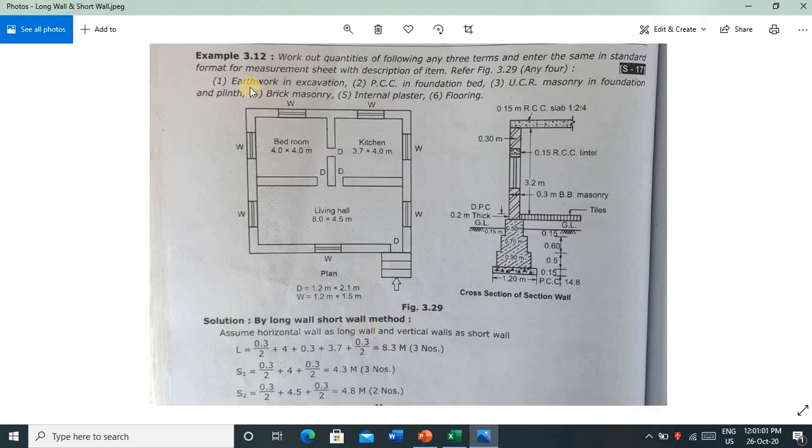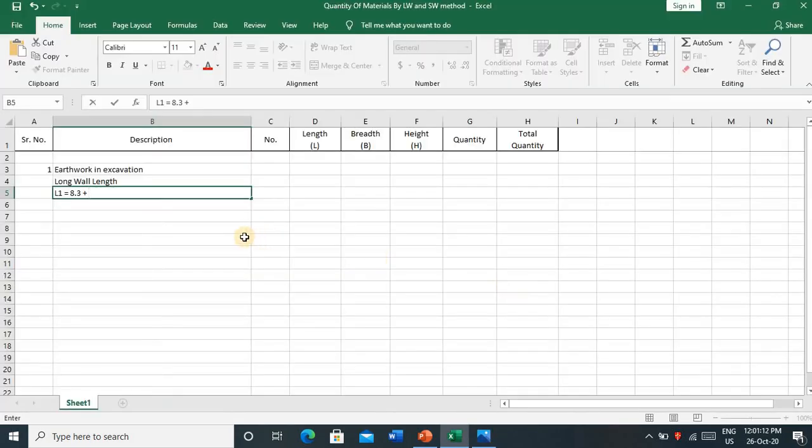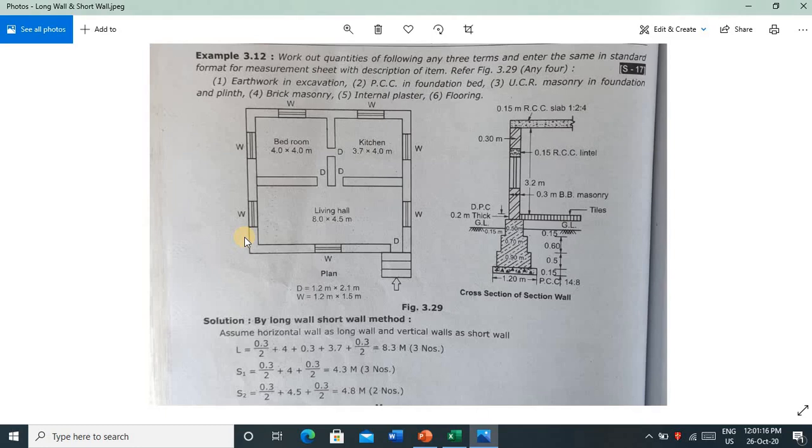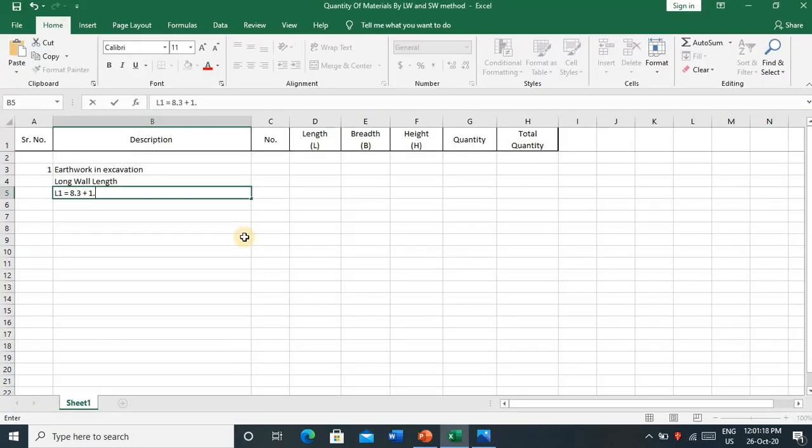What is the width of an item? The width of earthwork in excavation is, see, 1.20. Okay, so you have to add 1.20, which comes as 9.50 meter.